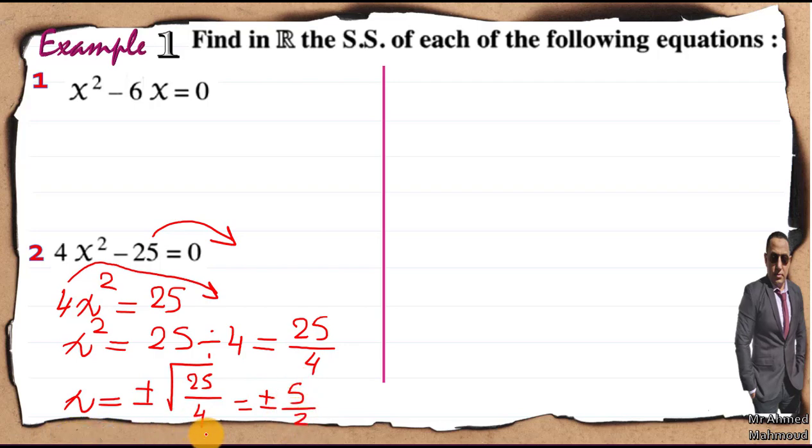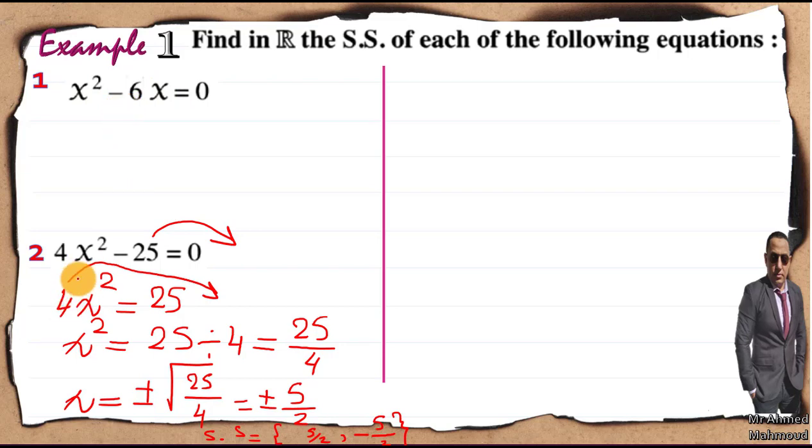Finally, the solution set equals {5 over 2, negative 5 over 2}. So if you have more than x, you have to factorize.